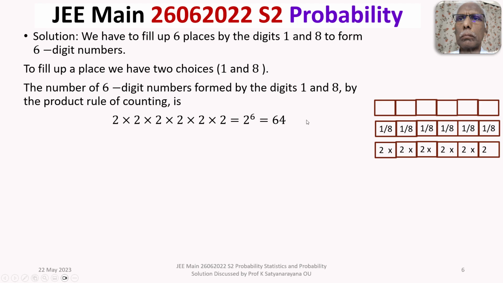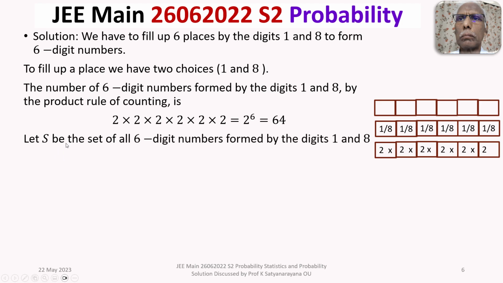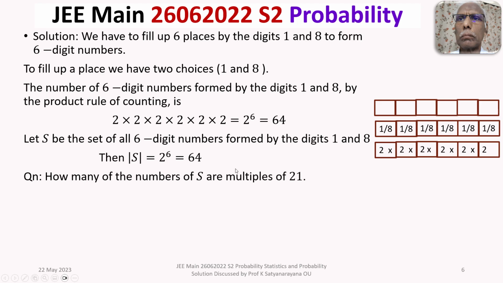That means we have found the sample space in this discussion. So, let S be the sample space, that is the set of all 6-digit numbers formed by the digits 1 and 8. Then the order of the sample space, that is the total number of outcomes, is 64. Now, what is to be done?